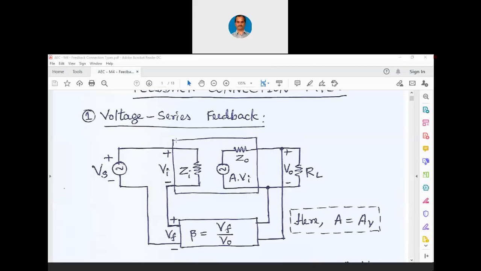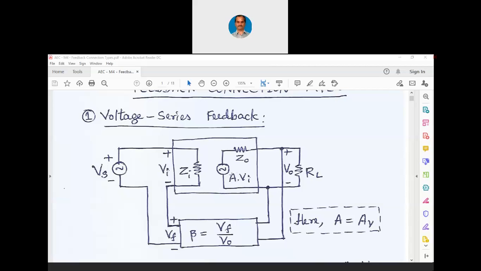You can see the amplifier's block is written as input impedance Zi, that is open loop input impedance Zi, and as we are taking output as voltage, I have written the voltage source here, which is A into Vi, and then we have output impedance in series because we are regularly discussing the voltage amplifier. So in case of a voltage amplifier, output impedance will be in series, whereas input impedance is shown as parallel.